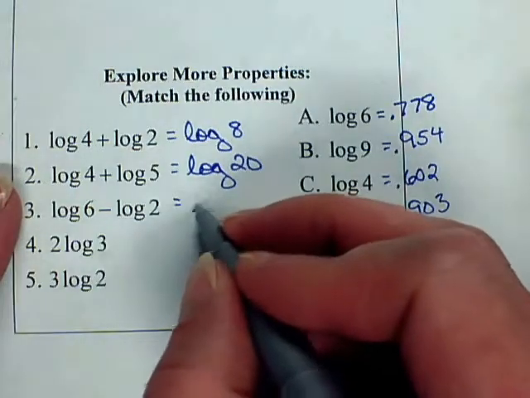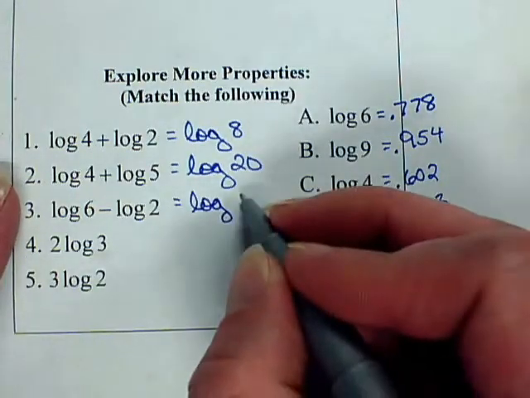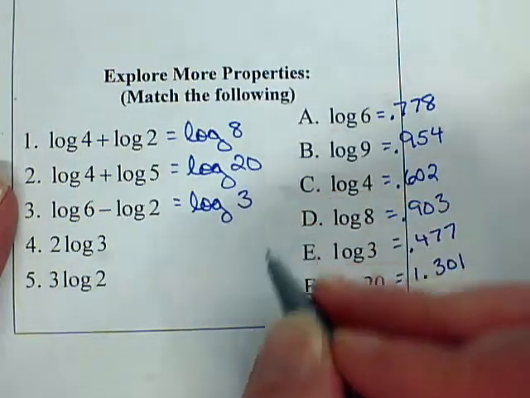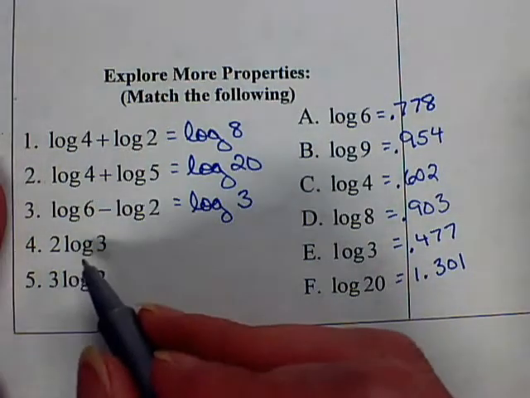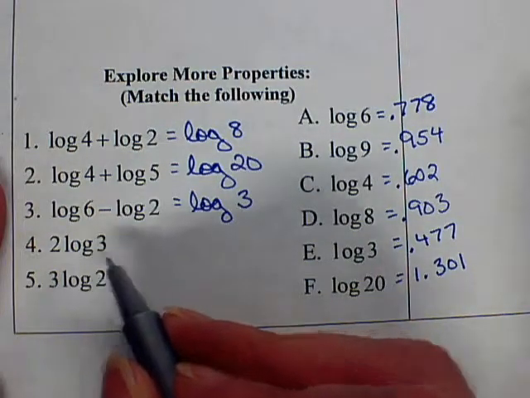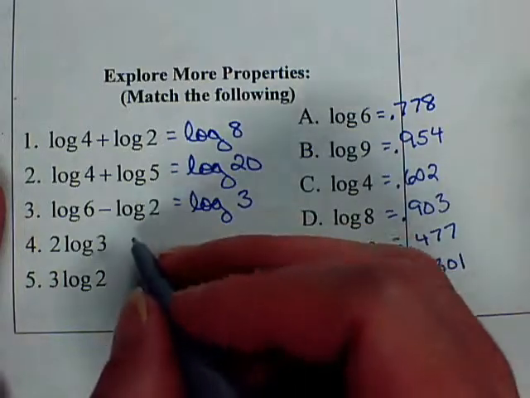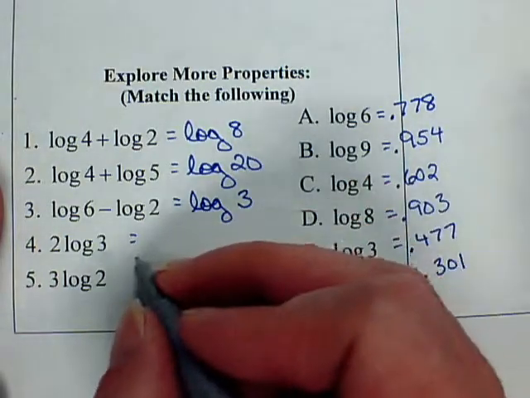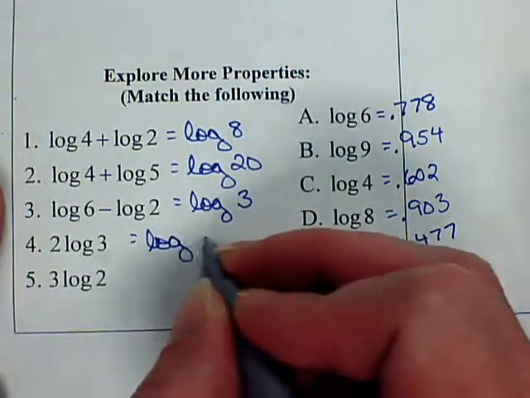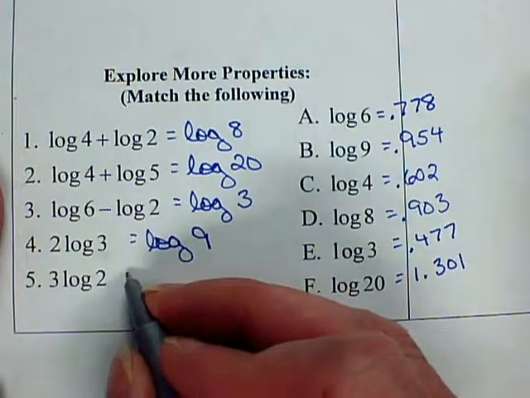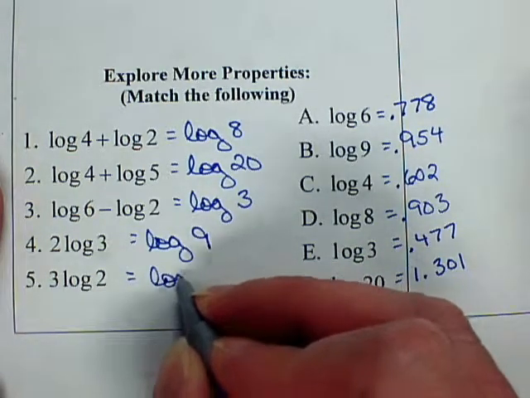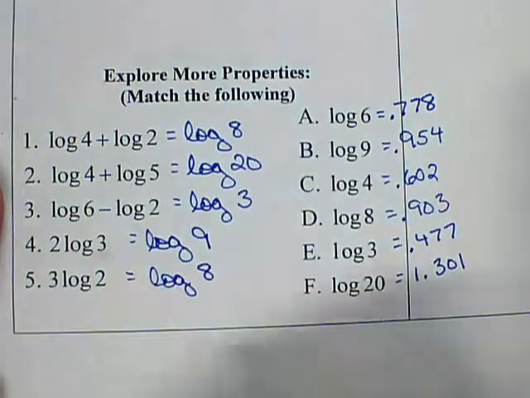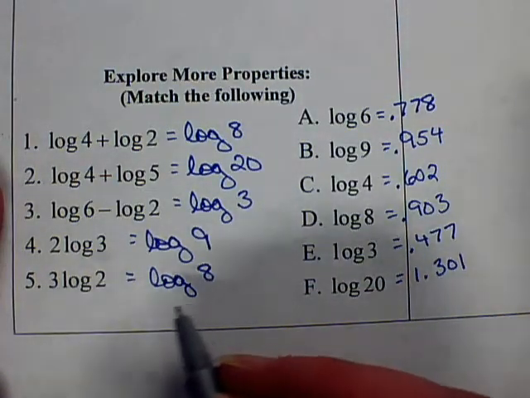You're absolutely right. We're going to end up dividing. This would be the log of 3. 2 log of 3 ends up being the same as log 9. 3 log 2 ends up being the same as log of 8.